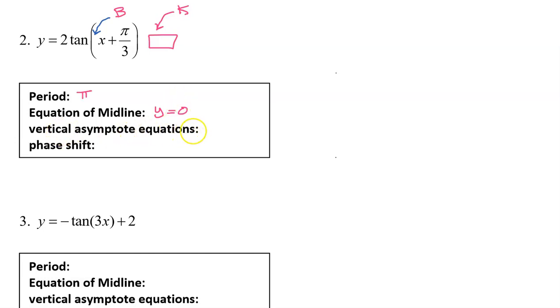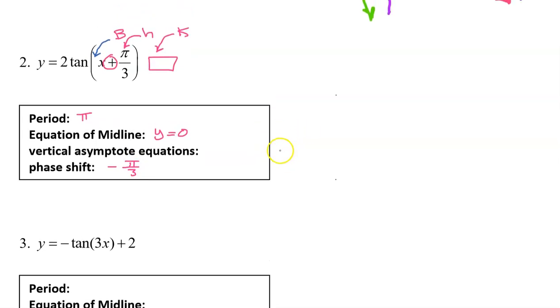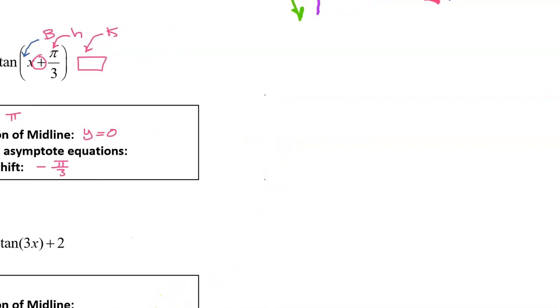We will come back to vertical asymptotes later. The phase shift is going to come from this h value, but it's going to be the opposite of what you see here. So if you see plus pi over 3, then the phase shift is actually negative pi over 3. So that is very, very important because you always want to start your graph at the phase shift.